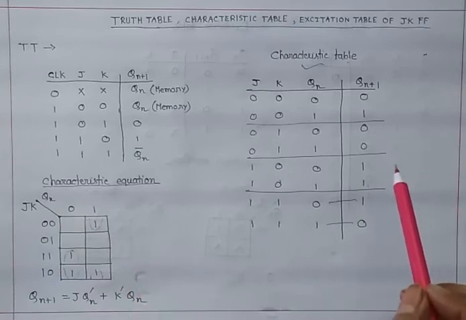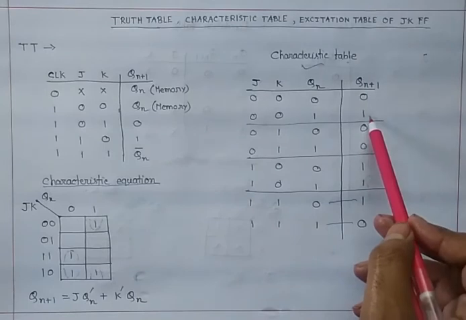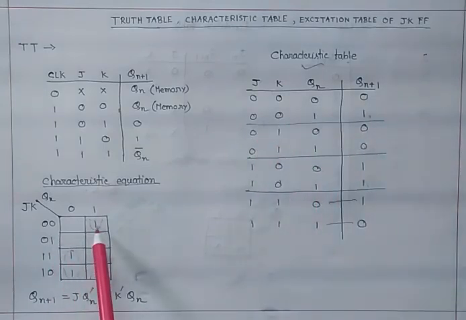Now you can see that Qn plus 1 is 1 for 0 0 1. That means there is a 1. In the same manner, these three blocks will also be 1. Now couple this two 1s and couple this two 1s.